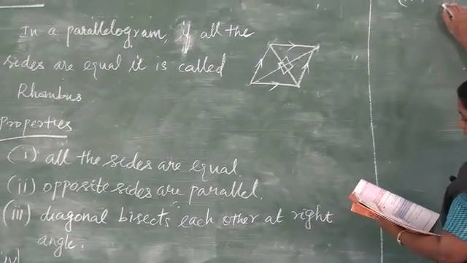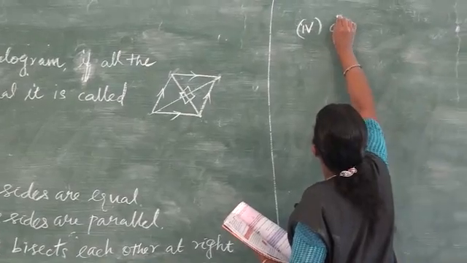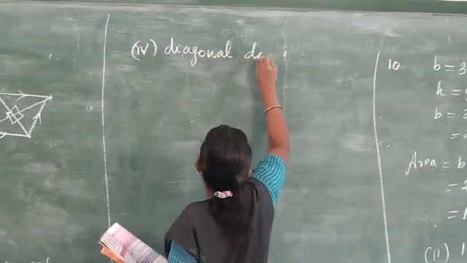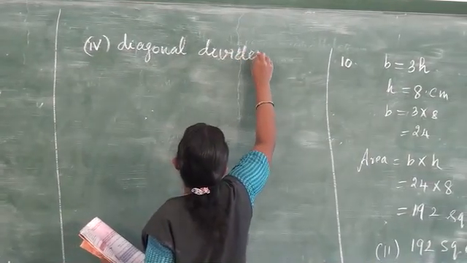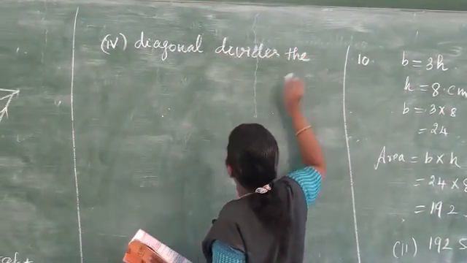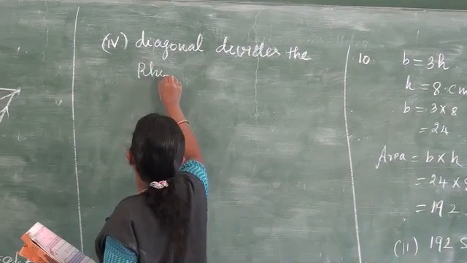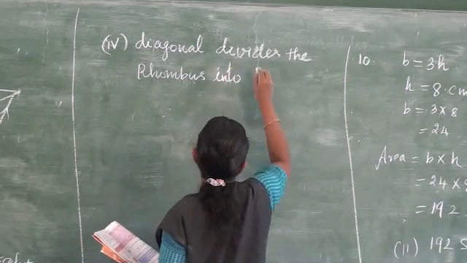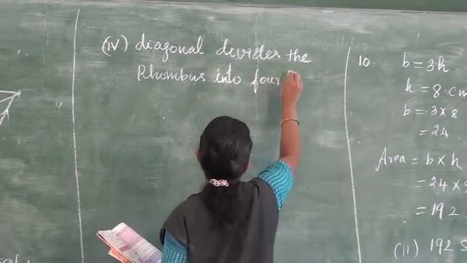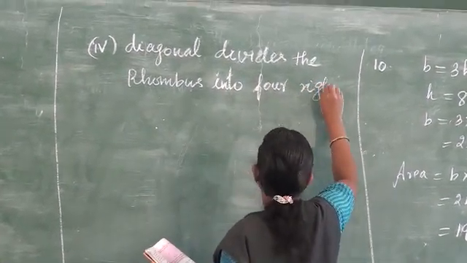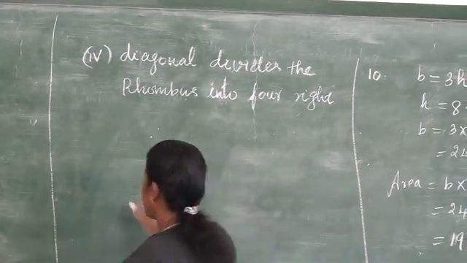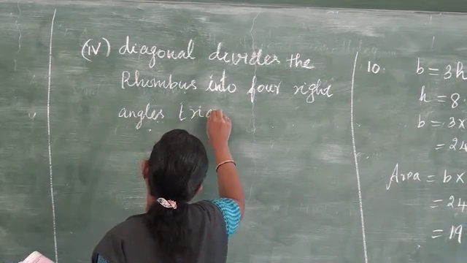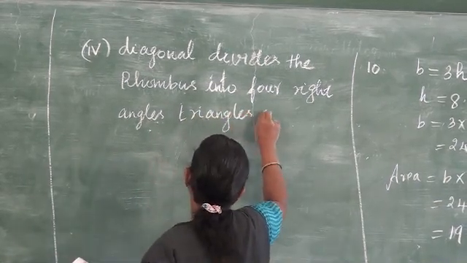The diagonals divide the rhombus into four right-angled triangles of equal area.